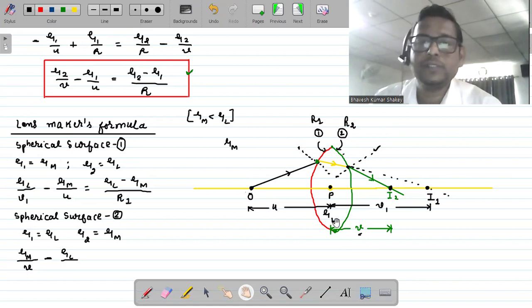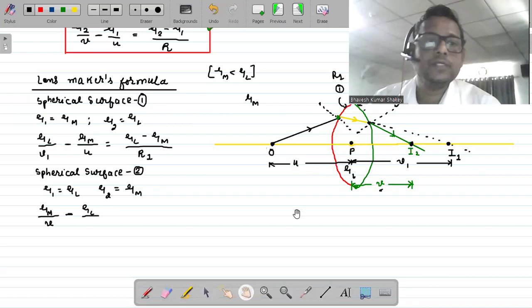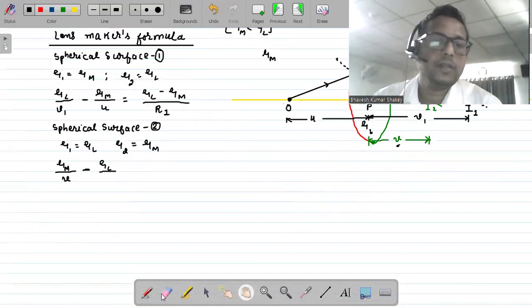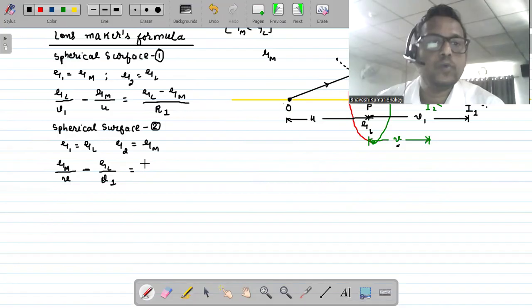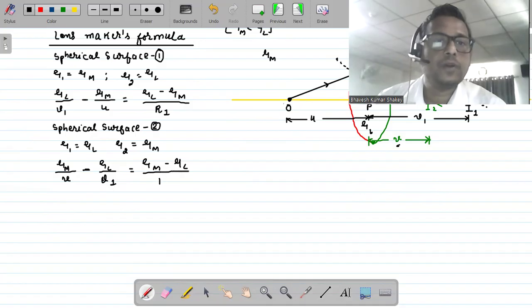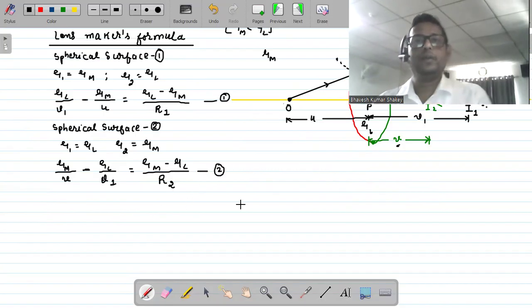Understand? So we take the object distance as V1. Now mu2 minus mu1: mu2 is mu M minus mu L, divided by the radius of curvature R2. So we get these two equations. This is the first equation and this one is the second equation. I hope you all understand.